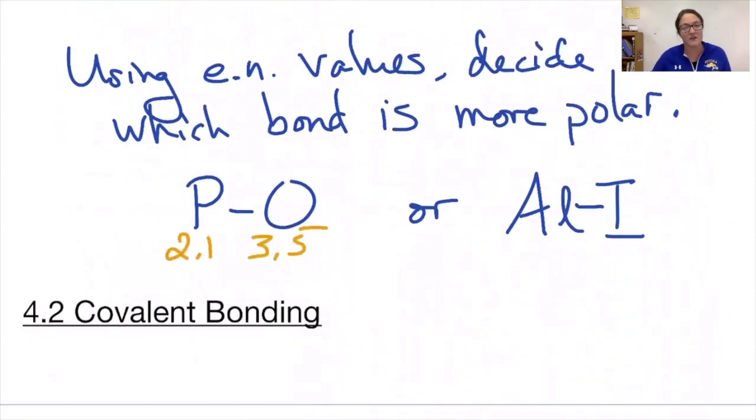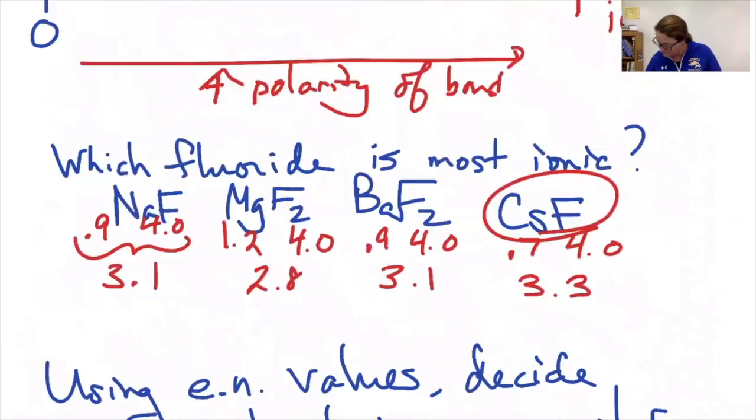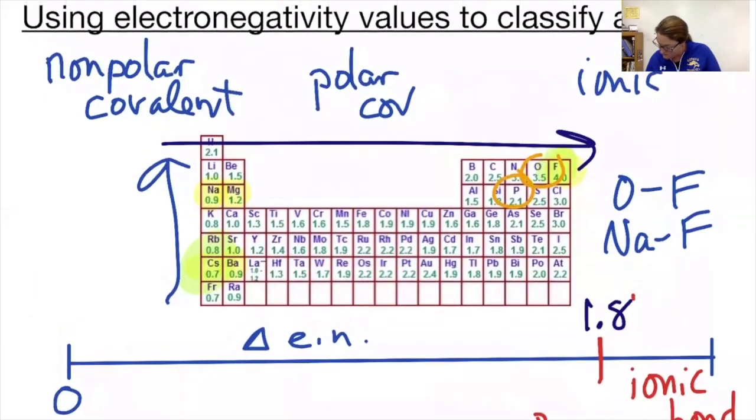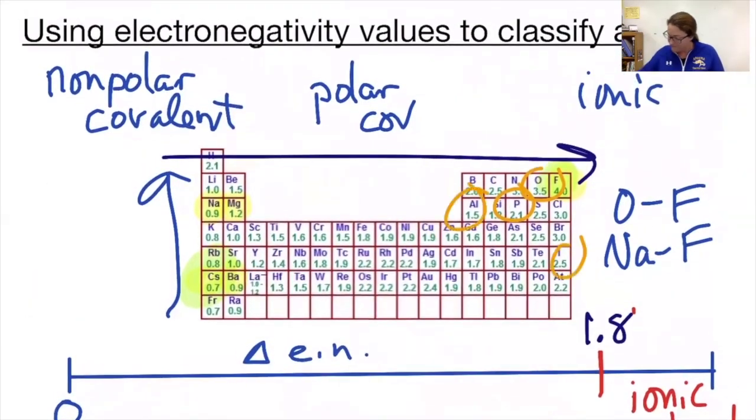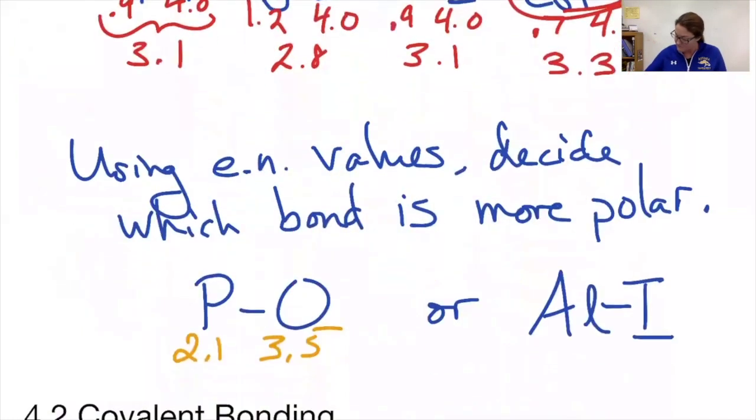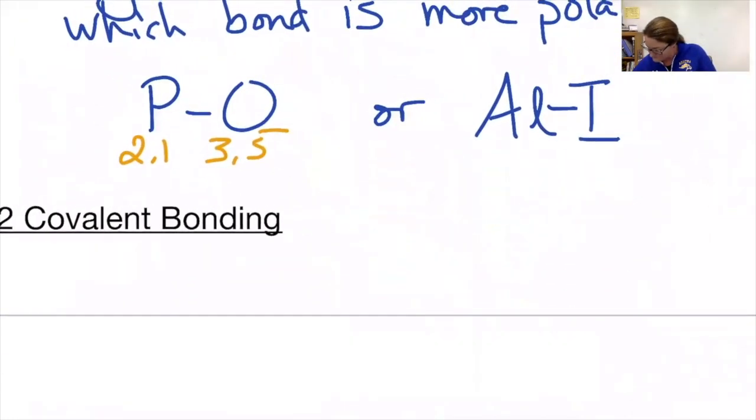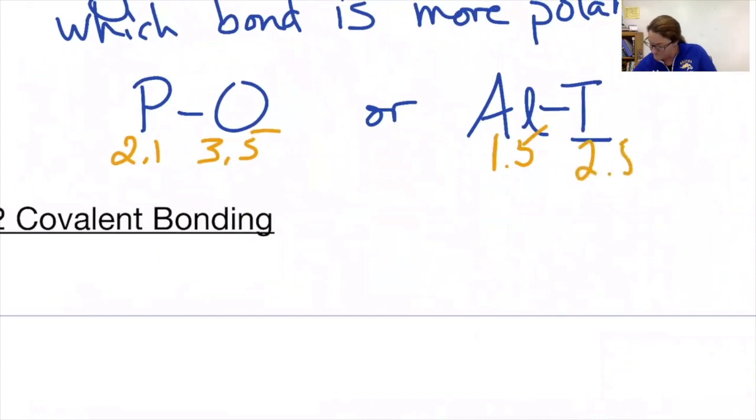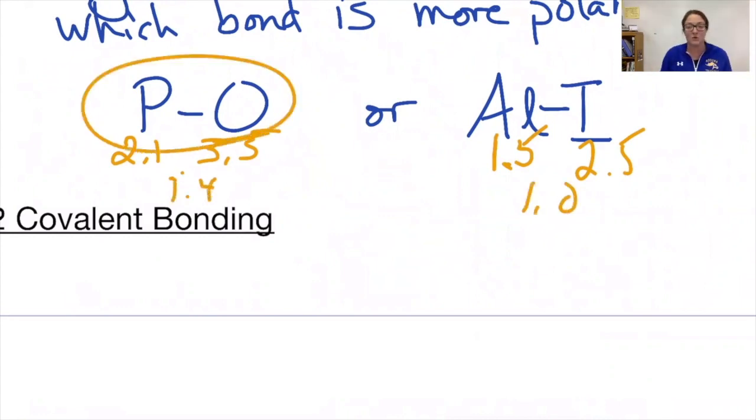I need to grab values for aluminum and iodine. 1.5, 2.5. So which one's more different? This is a difference of 1.4. This is a difference of 1.0. This is a more polar bond.